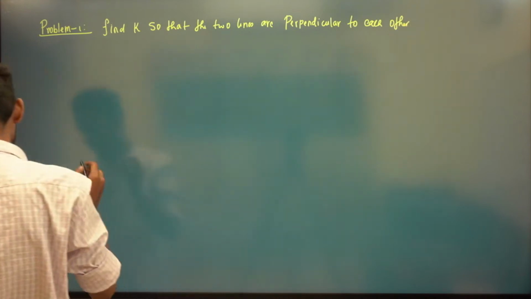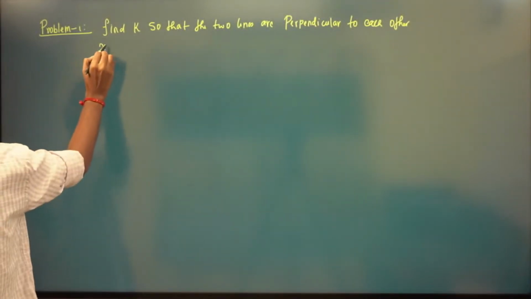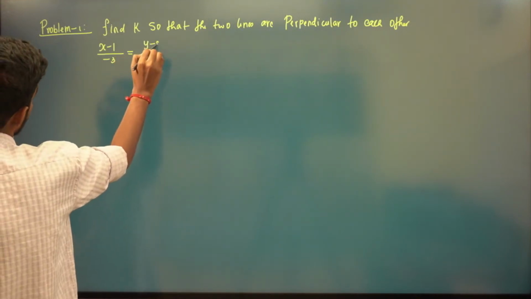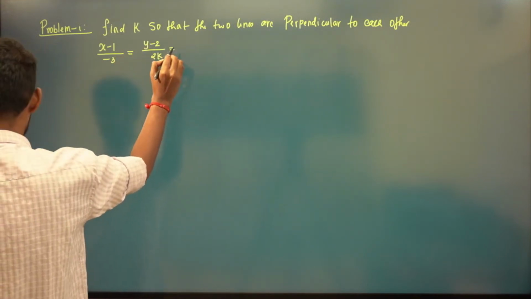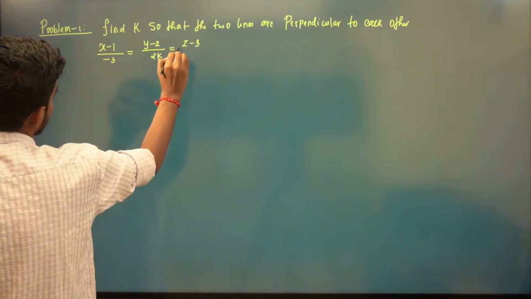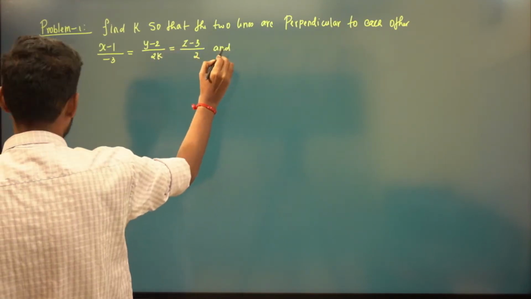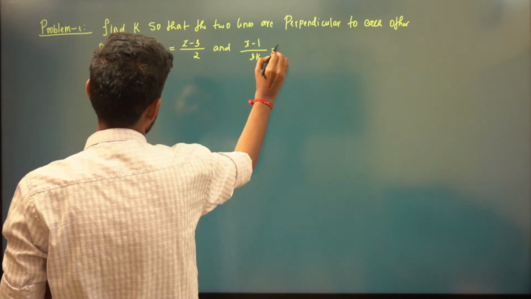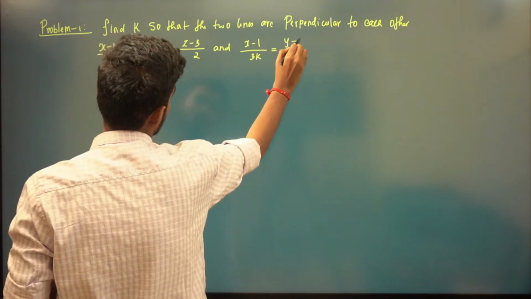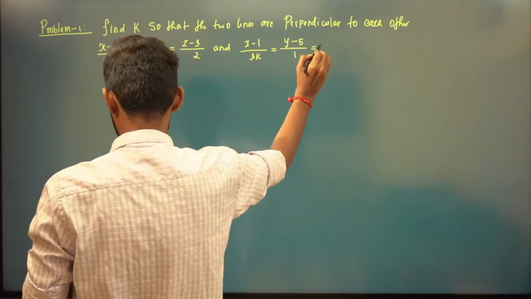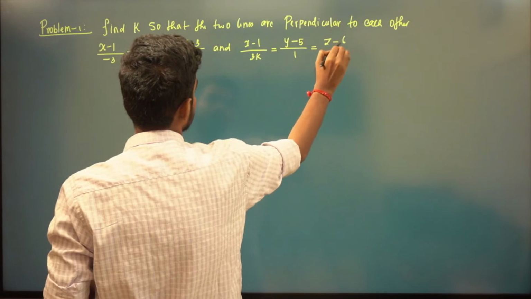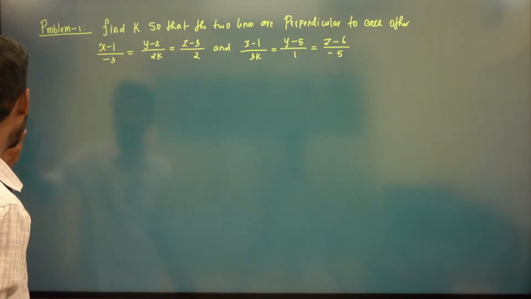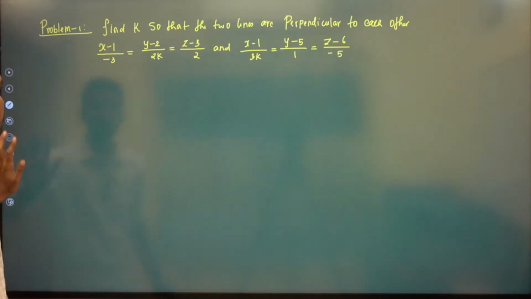So they are given two lines and they have said they are perpendicular to each other. x minus 1 by minus 3, y minus 2 by 2k, z minus 3 by 2, and x minus 1 by 3k, y minus 5 by 1, z minus 6 by minus 5. So they are given two lines. You need to find the value of k so that they are perpendicular.